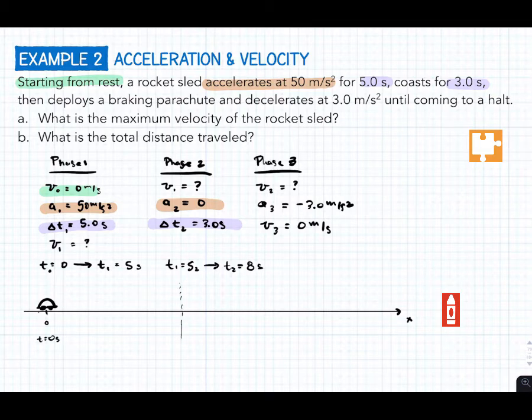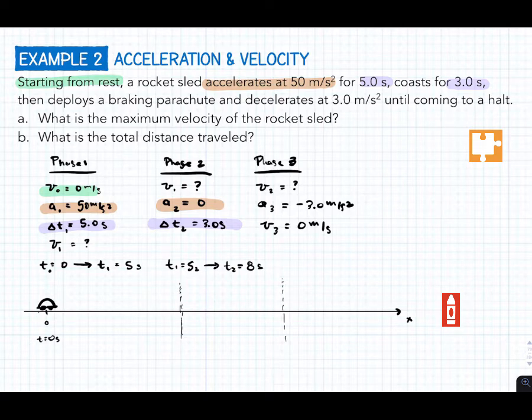In fact, the bulk of the motion is probably going to be here and here. So we'll have phase 1, phase 2 and phase 3. This will be the distance each of them goes, because that's the first thing we're looking for.